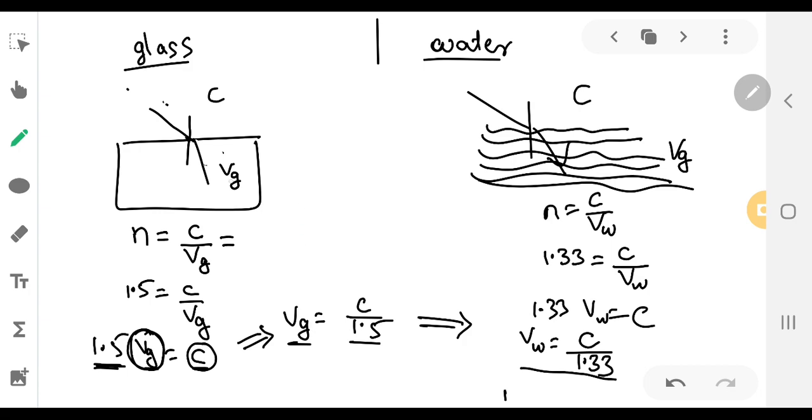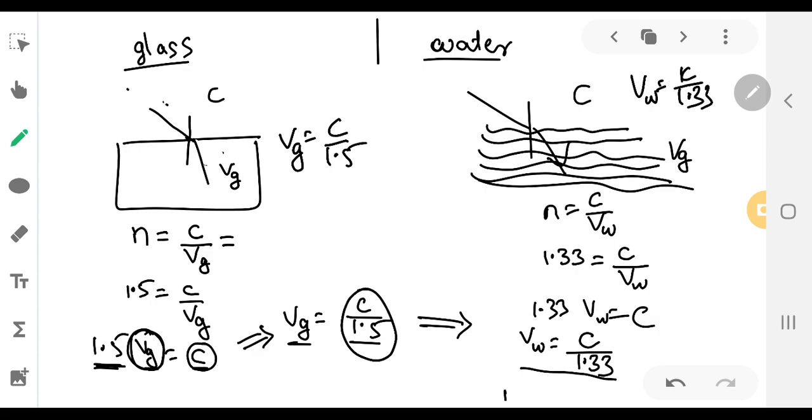In the first case, velocity in glass will be c divided by 1.5. Here there is a more decrease in the velocity compared to water, because there it is only divided by 1.33. So there is a more decrease in the velocity in the case of glass.